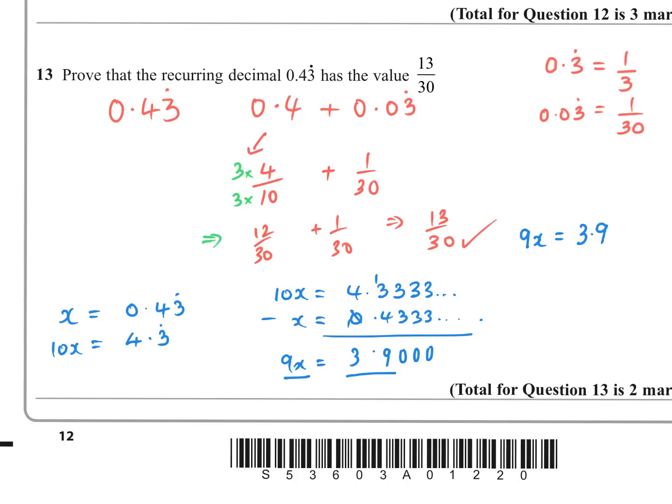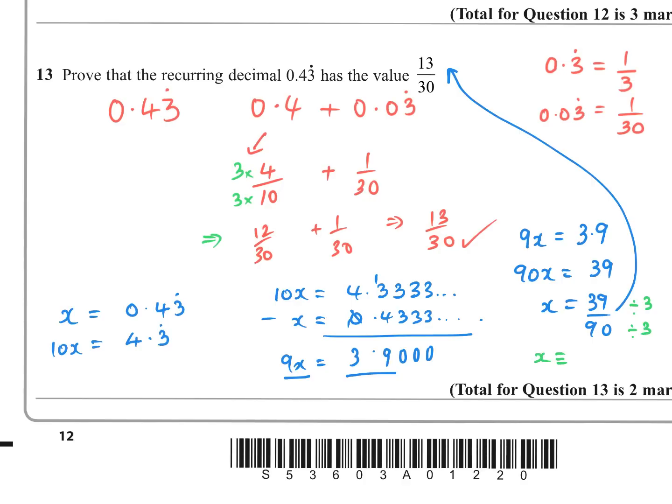So that would mean that 90x would be 39. So x would be 39 out of 90. And we can show that that is the same as 13/30ths because we could just have divided top and bottom by 3. So that would be the same as 13/30ths. I'm sure some of you have got some other ways as well, but there's 2 ways for you.